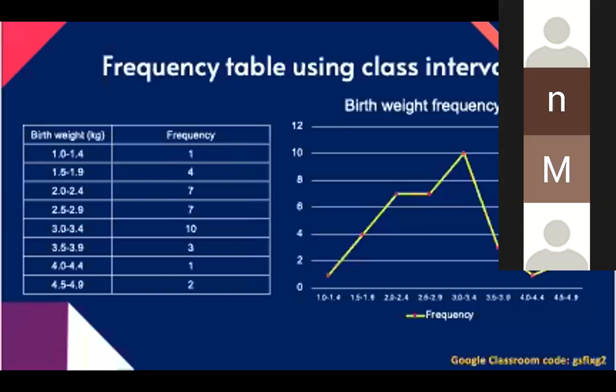So once you have decided on the class intervals, you may plot a line graph to better present your data. So here the readers will be able to see the distribution of data as well, rather than just a single value of mean or median. Of course you have the option: if you feel that your data is enough for you to report just the median or mean, then it's fine.